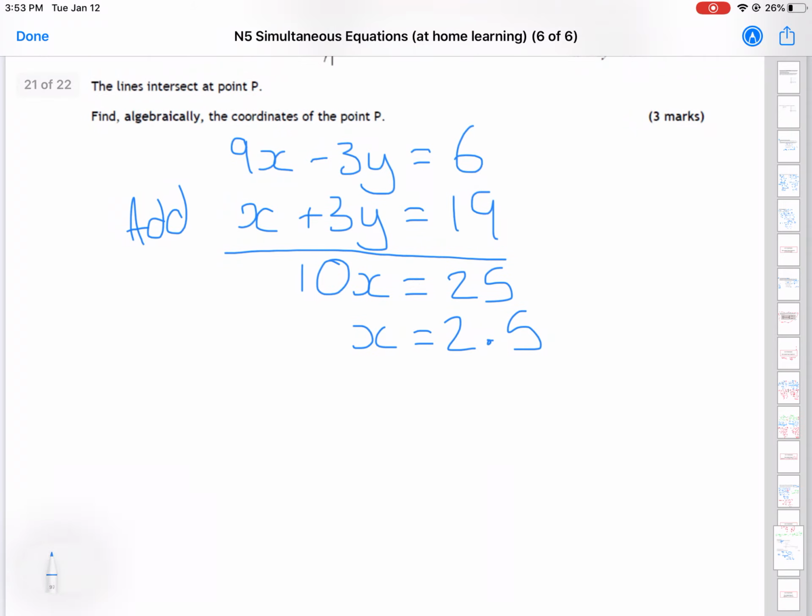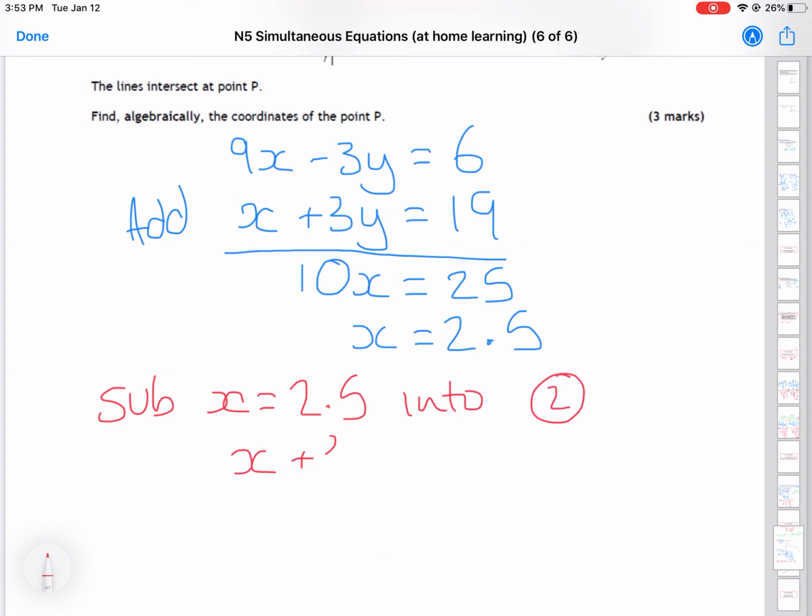So if we use x equals 2.5, sub into equation 2 we'll go for. So that is x plus 3y equals 19. So we'll take this and we'll put 2.5 in here. That's why I've chosen this one, because I didn't have to times it. Make that 19.